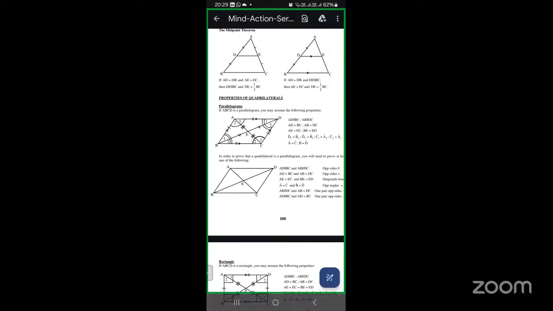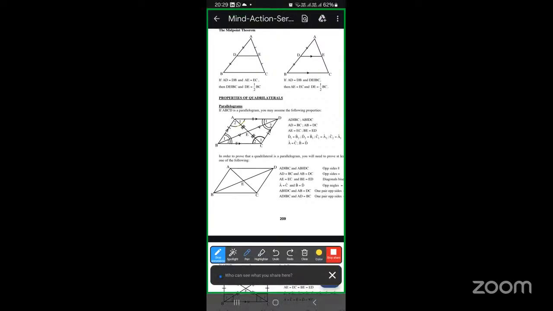It's a fact. Then same applies with the angles. Opposite angles of a parallelogram are equal. Let me just highlight this. This angle right here is equal to this angle here, because they are opposite angles of a parallelogram. This angle here is equal to this angle here.